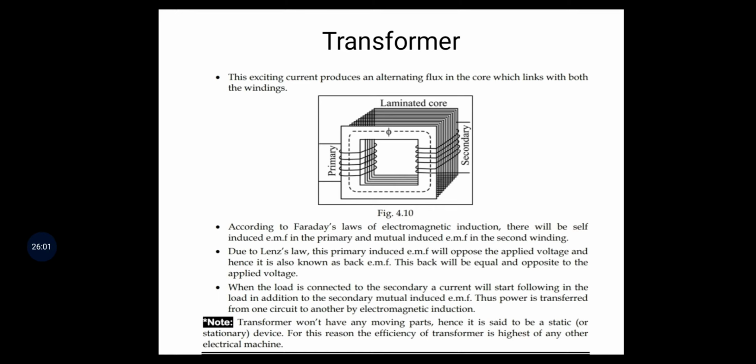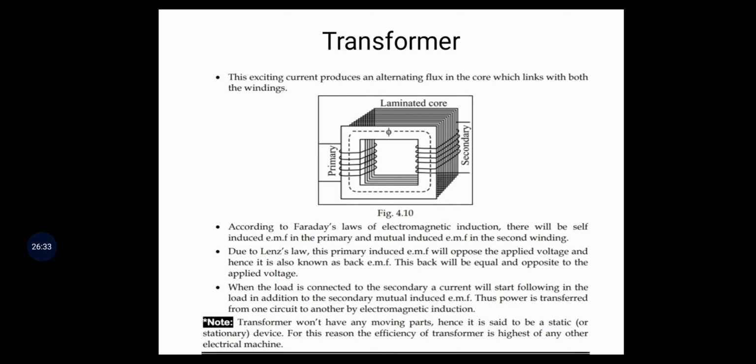When current flows in the primary winding, it produces a magnetic flux that produces self-induced EMF. When this magnetic flux links with the secondary winding, an induced EMF is also produced in the secondary winding. This is called mutual induced EMF.